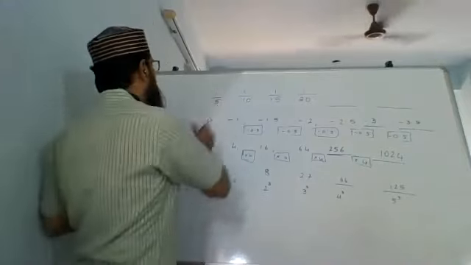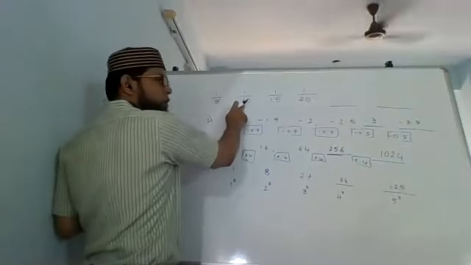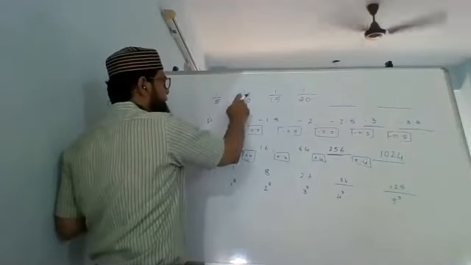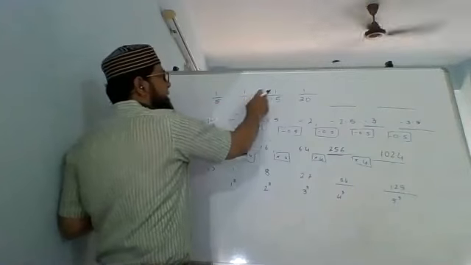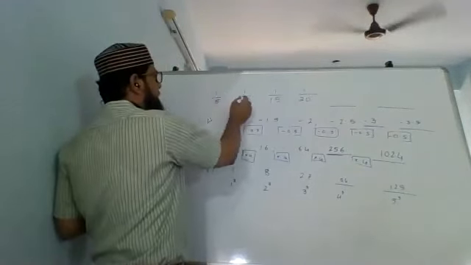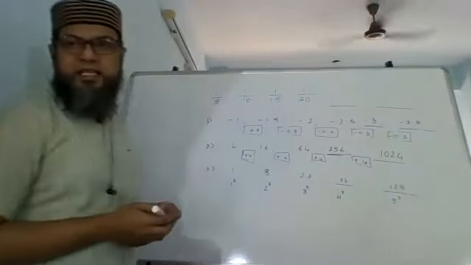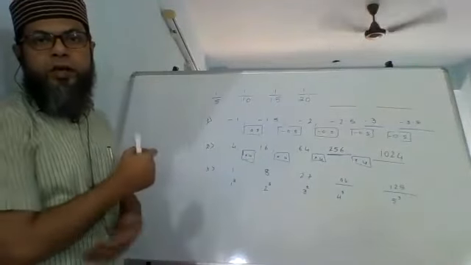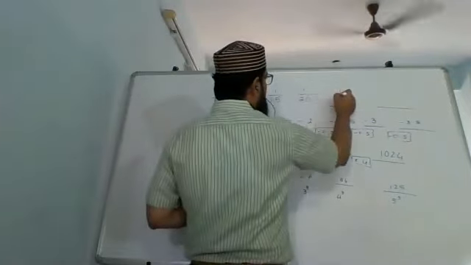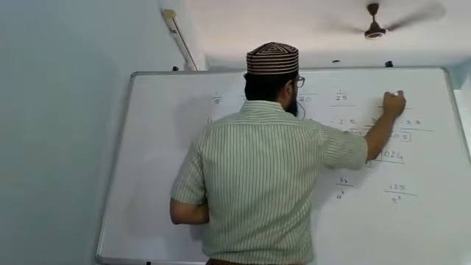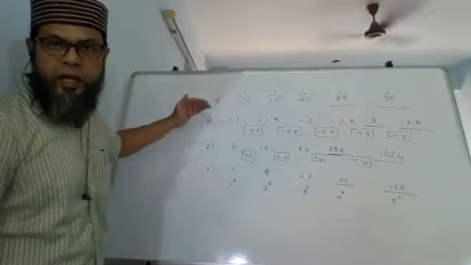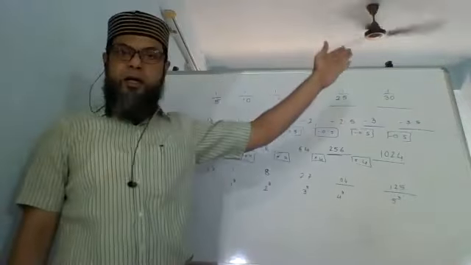The denominator is increasing by 5 each time, so you have 1 upon 5, 1 upon 10, and so on. The numerator remains the same. The denominator is increasing by 5.